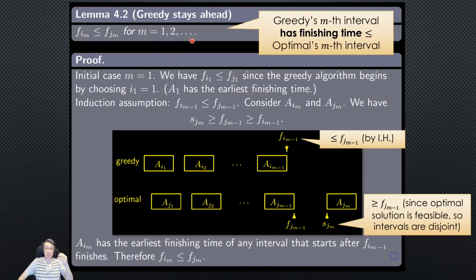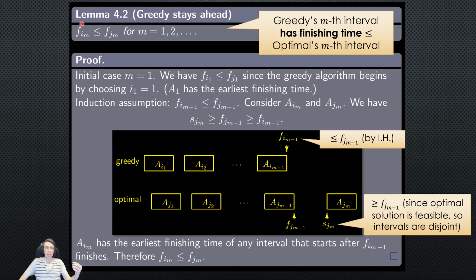This is the crux of the greedy stays ahead argument. We've just proved, given our correspondence, where we considered whatever intervals were chosen by optimal in the same order that it made sense to consider the intervals chosen by greedy. Once we establish that correspondence by reordering the intervals chosen by optimal, we prove that for each choice made by greedy, that choice is just as good as the corresponding choice made by optimal, intuitively.